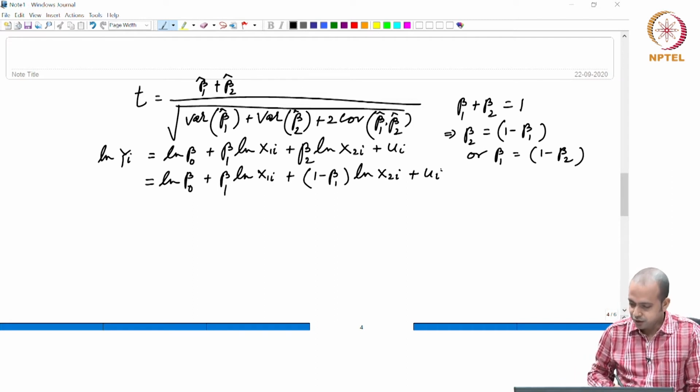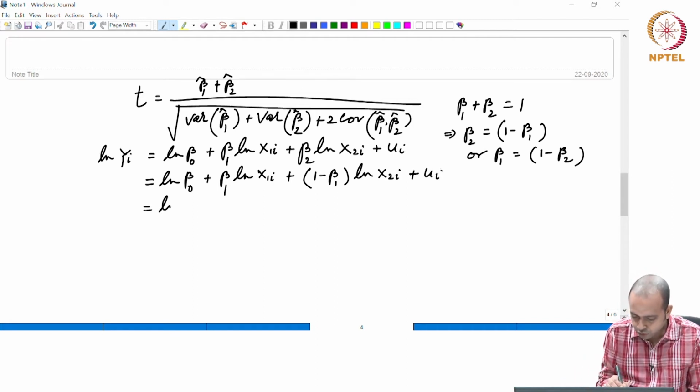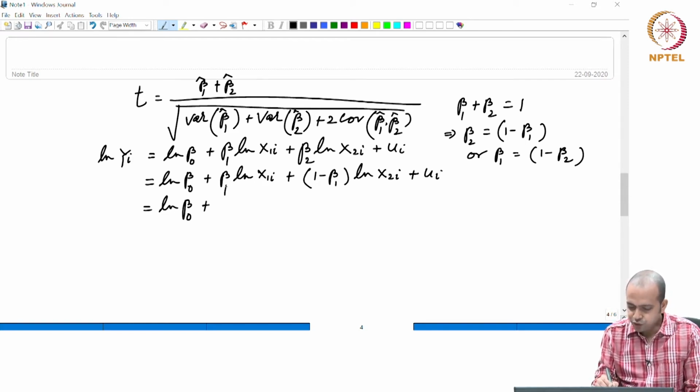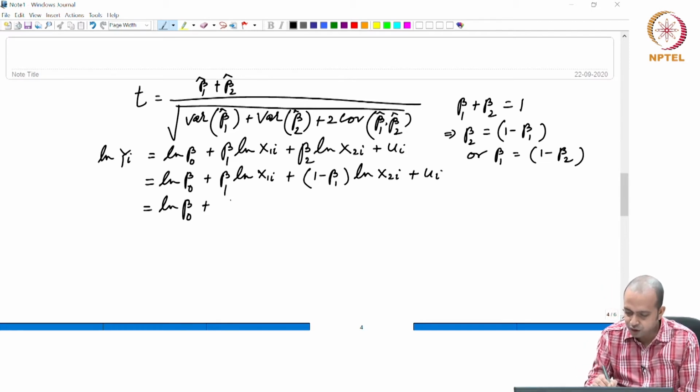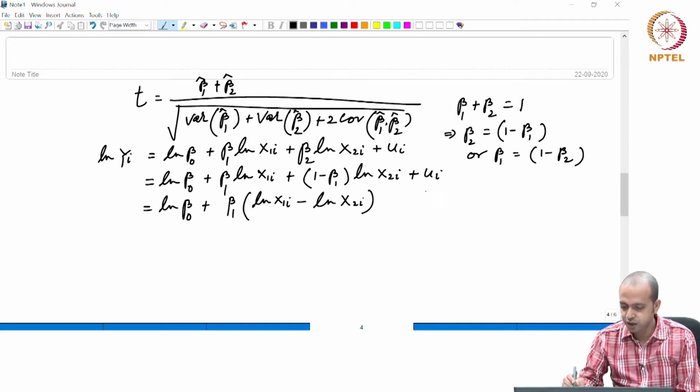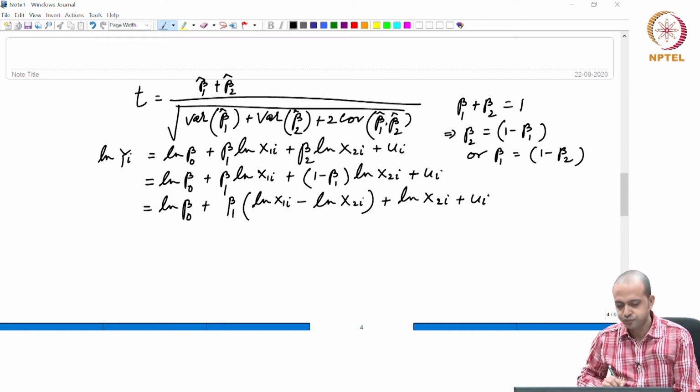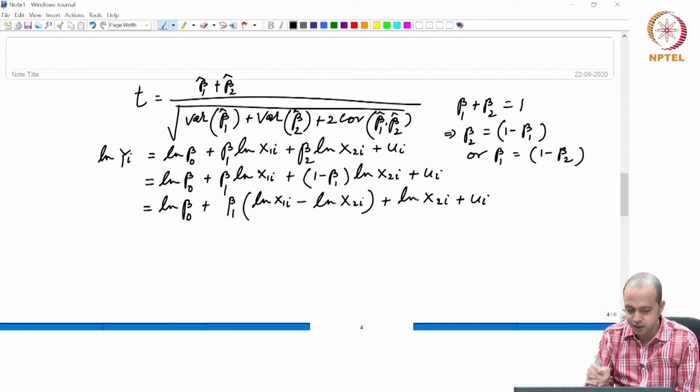So, that would become log of beta 0 plus, here you have beta 1 log of x1i and here you have minus beta 1 log of x2i. So, you can take beta 1 common, and this would become beta 1 into log of x1i minus log of x2i, plus log of x2i plus ui. Now, this log of x2i you can take to the left hand side.